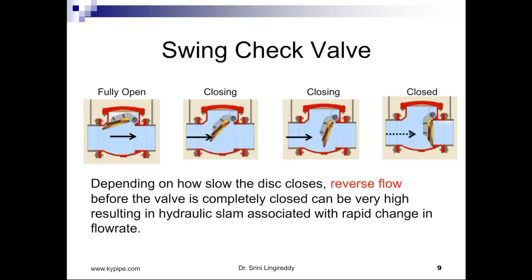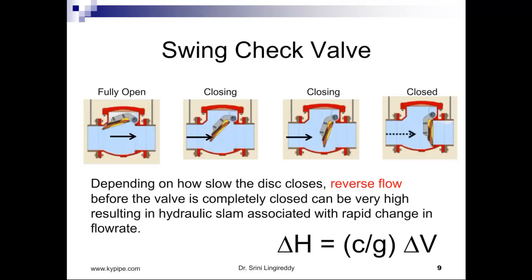Depending on how slowly or how rapidly the disc closes, the velocity just before the disc is completely closed could be significantly high, and the rapid change of the velocity of the flow rate will give rise to a rapid increase in the pressure.